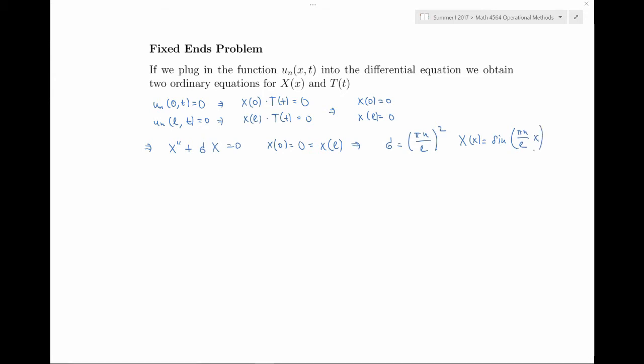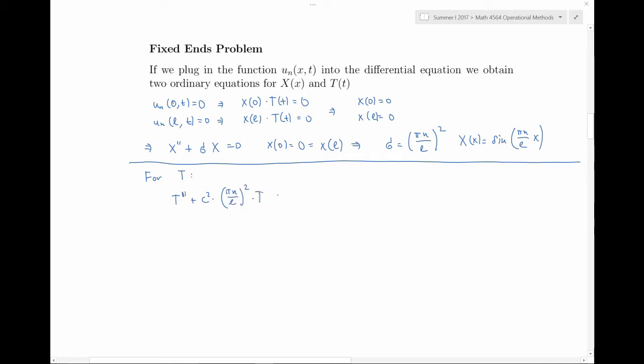This time the equation for T has second order, therefore we have to solve it from scratch. We get that T double prime plus c squared times (pi n over L) squared times T should be 0.